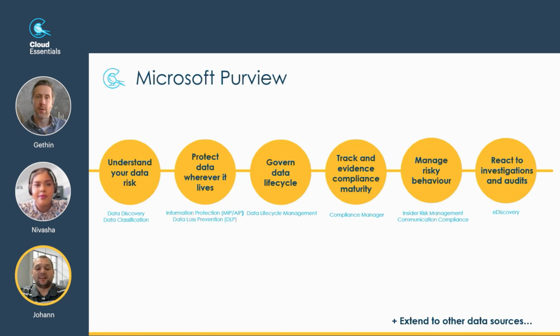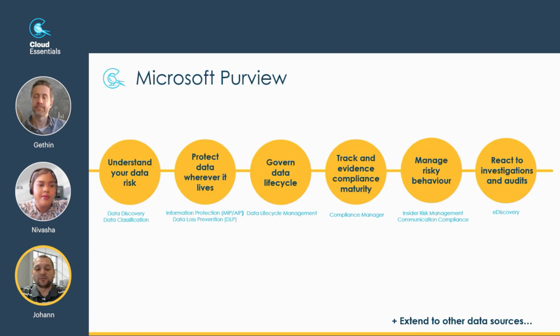Insider risk management leverages AI-driven analytics and machine learned patterns for predefined policies to help identify potential risks such as data exploitation, insider threats, and policy violations. It enables organizations to proactively detect risky behavior across Microsoft 365 services, maintaining user privacy and compliance.